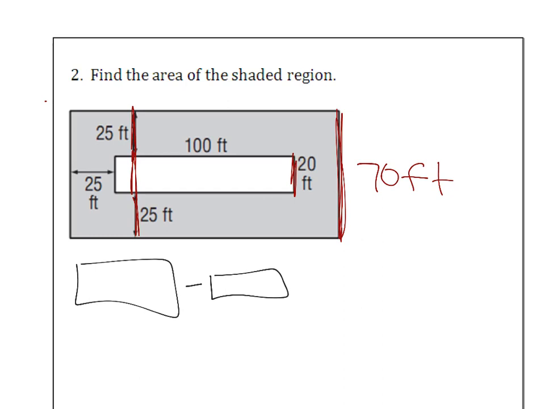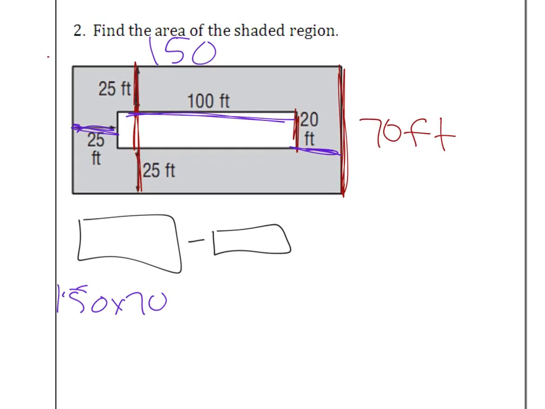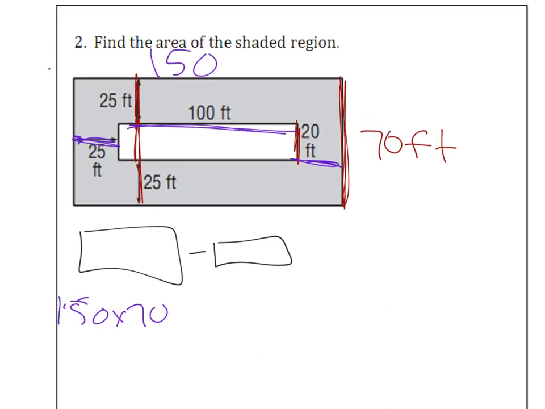Then the length, they tell me this is 100, this is 25, so we can mark off that that's also 25. So that's going to be 150. The big one is going to be 150 times 70, and that's going to be 10,500.